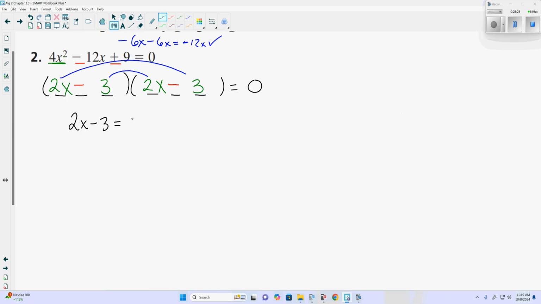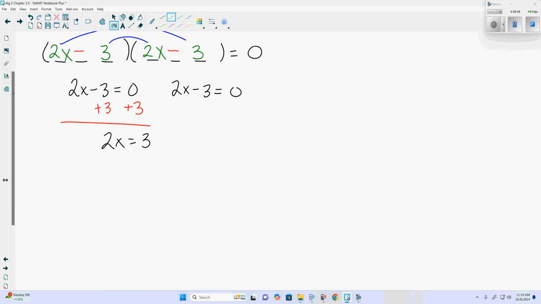So either 2x minus 3 is equal to 0, or 2x minus 3 equals 0. We can add 3 to both sides, telling us 2x is equal to 3. Divide both sides by 2, telling us x is equal to 3/2.